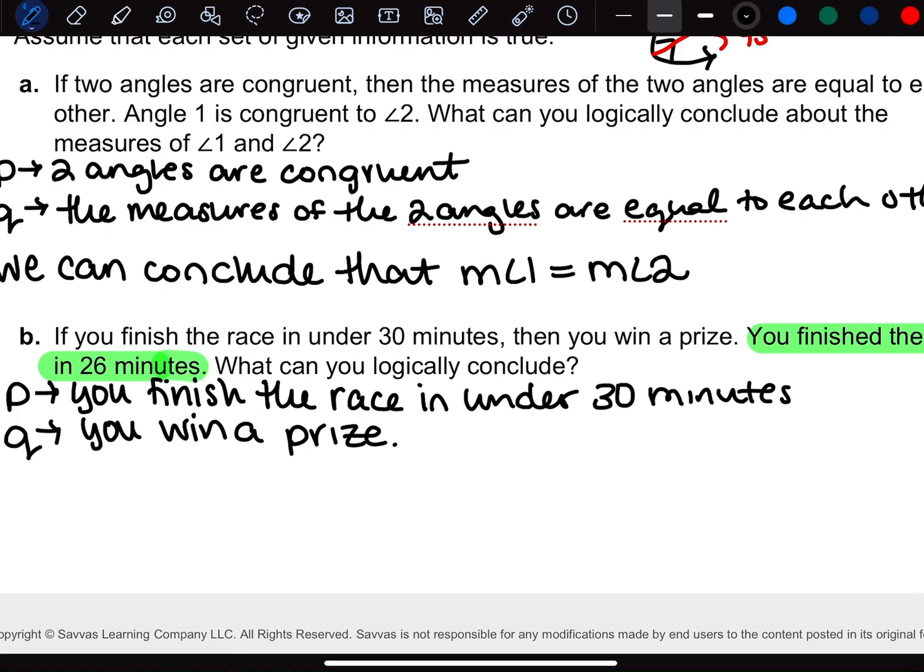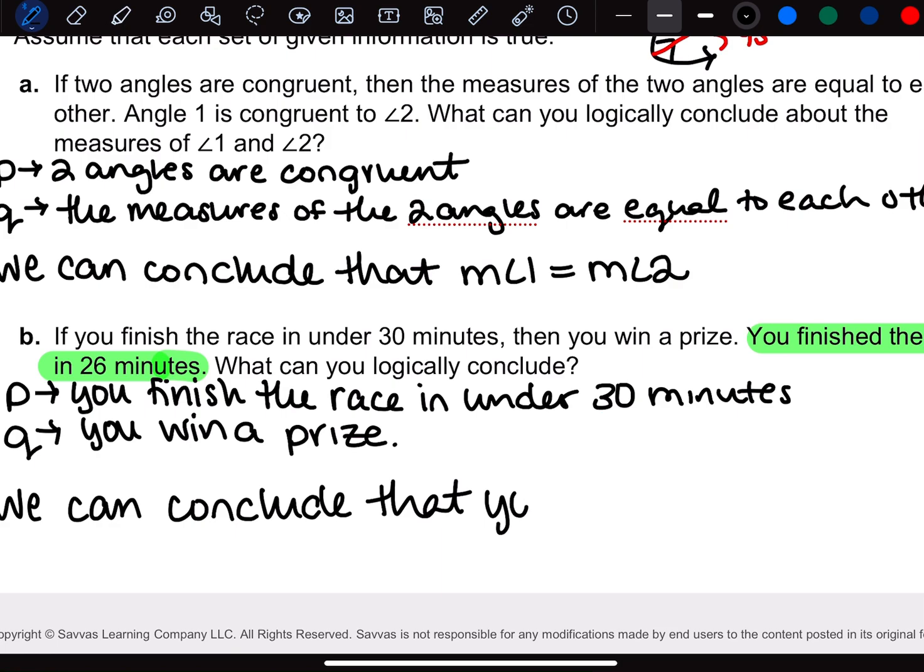That means your hypothesis is true because you met the goal. You were under 30 minutes. Therefore the conditional is true because you were under 30 minutes and you won that prize. So we can conclude that you win a prize.